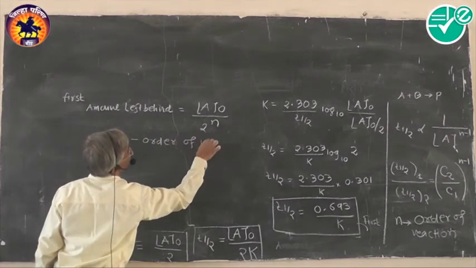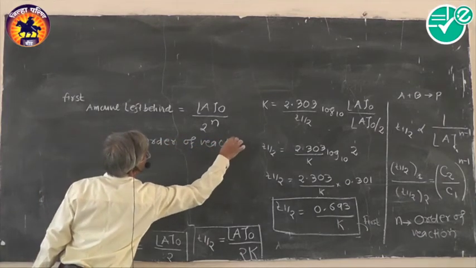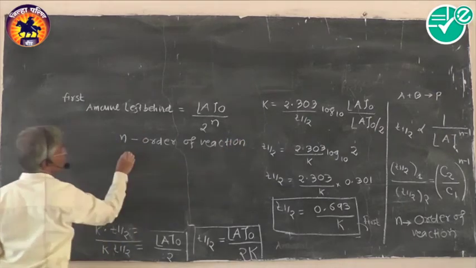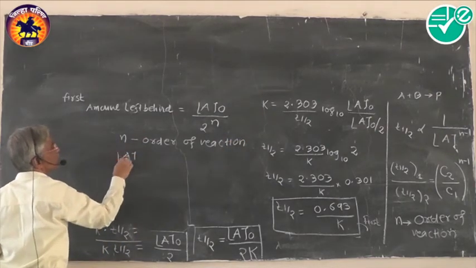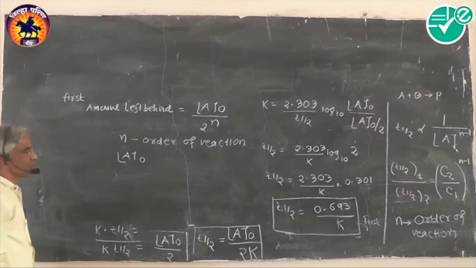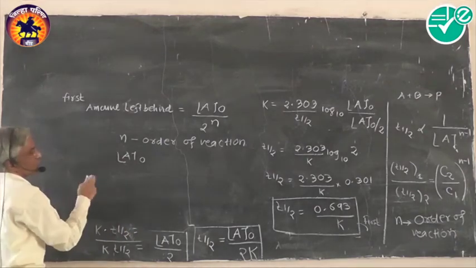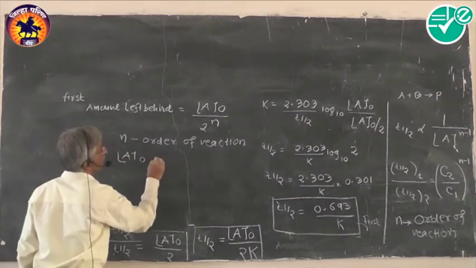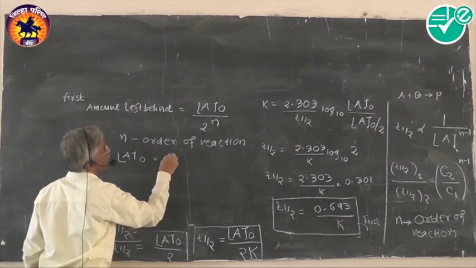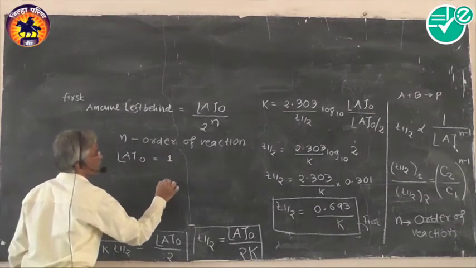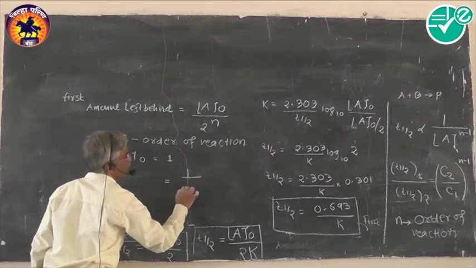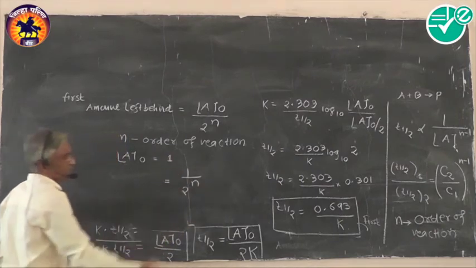And if the numerical is speaking in terms of a fraction, then A0 should be taken as 1, and in that case it will be equal to 1 upon 2 raised to n.